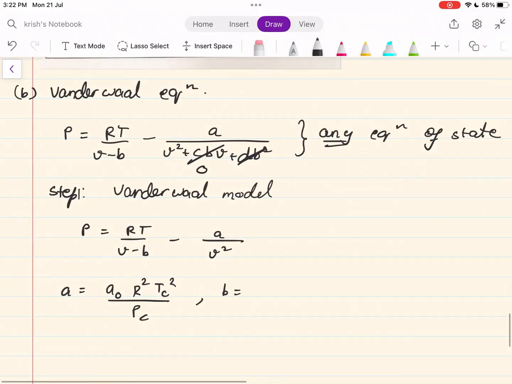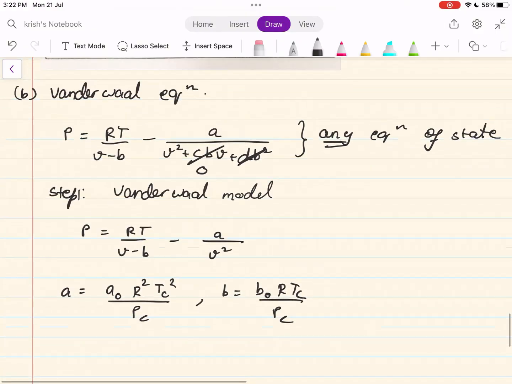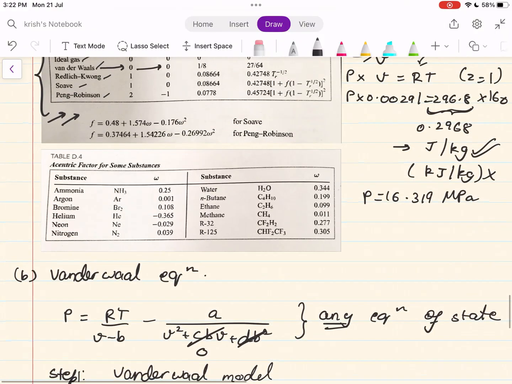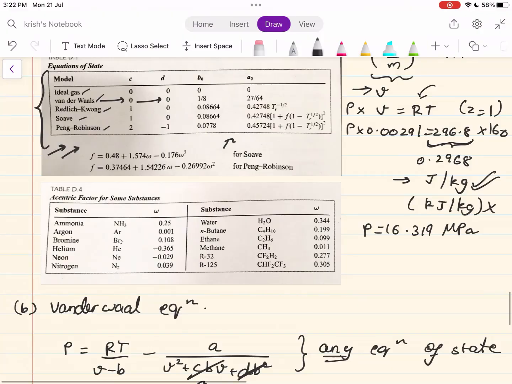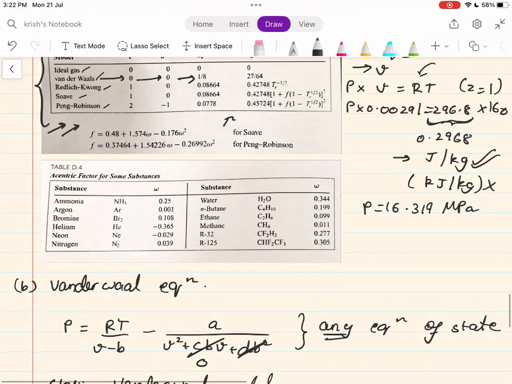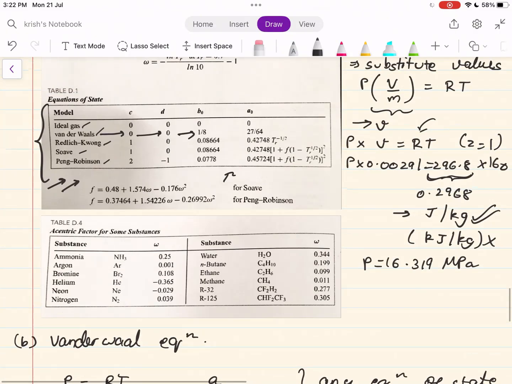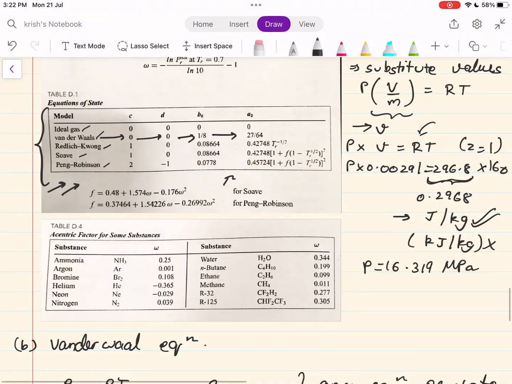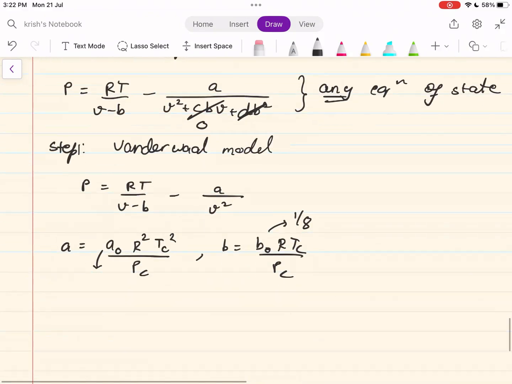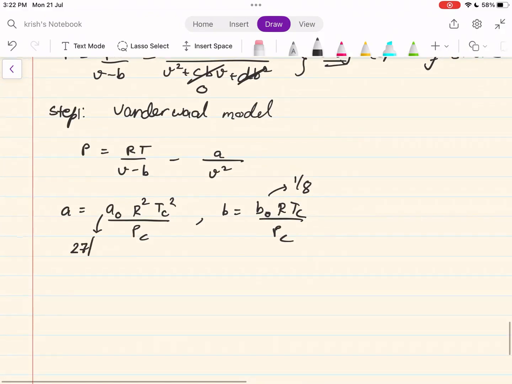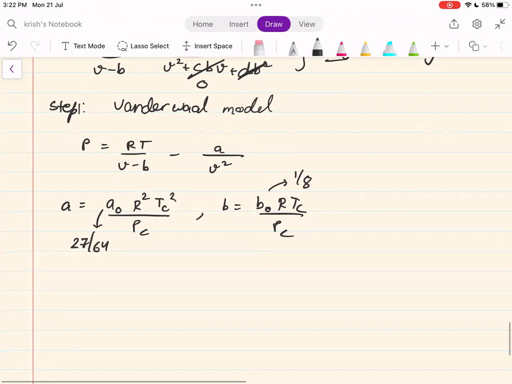And the value of B is given by B naught R Tc by Pc. And if we see this table again, we can see that the value of B naught for the van der Waal model is 1 by 8. So we will put 1 by 8 here. And the value of A naught is 27 by 64.